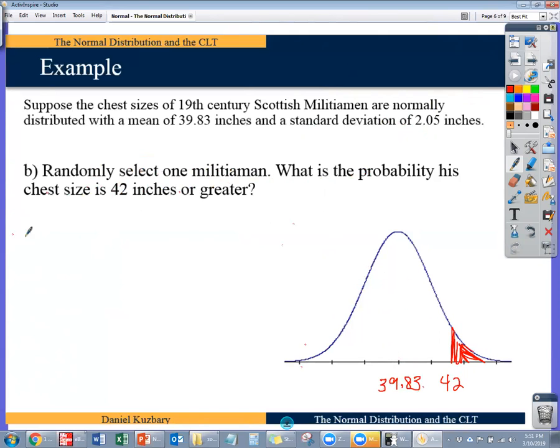Okay, so just like in the last problem, I'm doing the probability that X is greater than 42, but I need a z-score in order to use my table. I can't use my table until I get a z-score. So I'll do z is equal to 42 minus the mean over the standard deviation. I missed something there. So I've got to get my z-score first before I can do anything else.